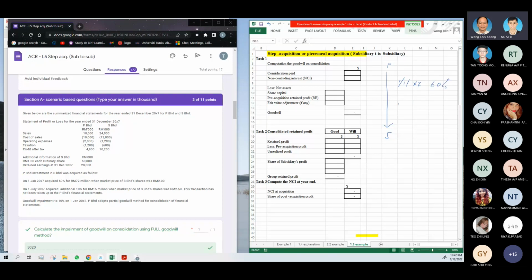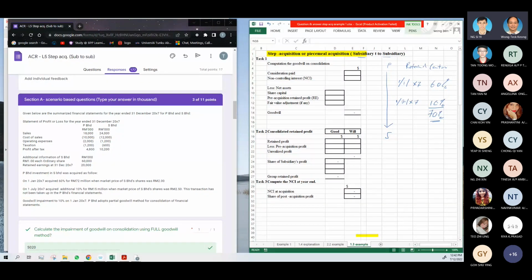Then on 1st July X7, another 10%, so a total of 70%. This one is subsidiary to subsidiary. When you have 60%, you are already a subsidiary, so we call this retain control.